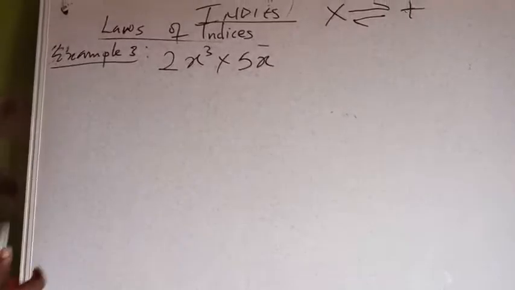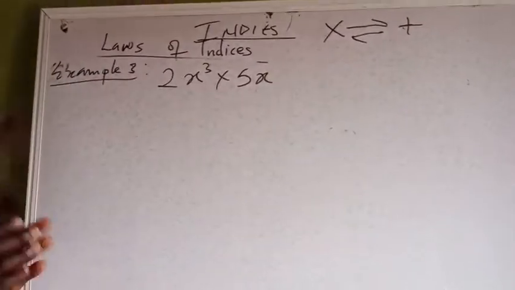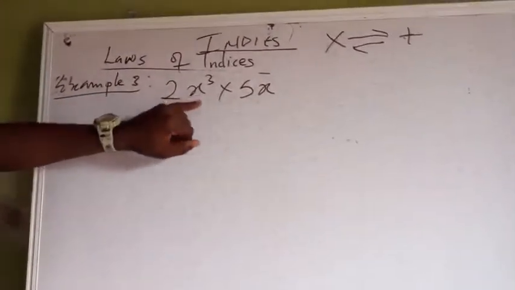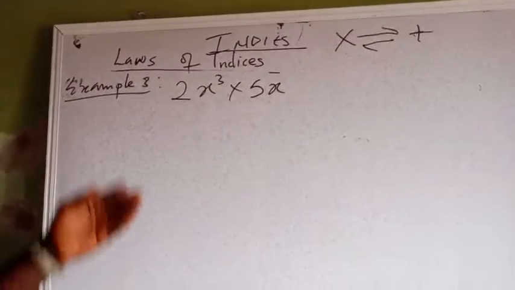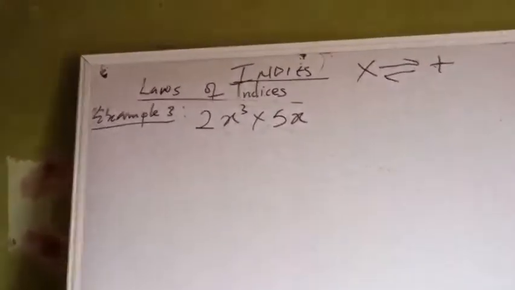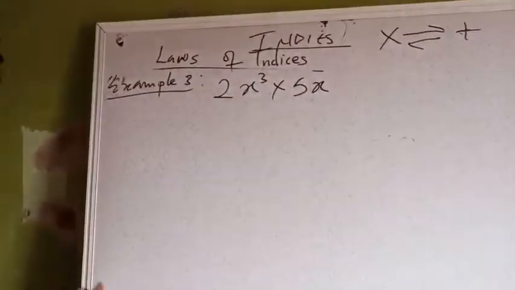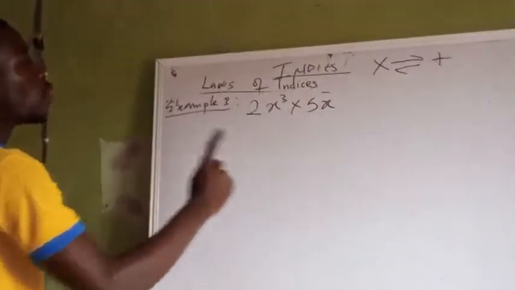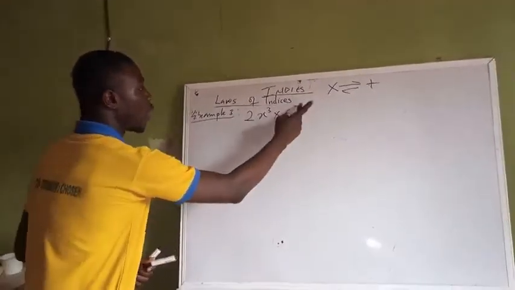When you want to solve this, you look at this kind of question carefully, because the x now has a coefficient. The coefficient of x raised to power 3 here is 2. As for x, you can call it mathematically x, or you can also call it x raised to power 1.